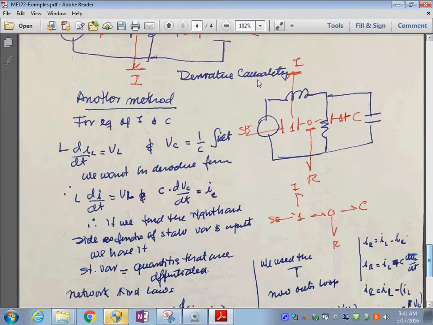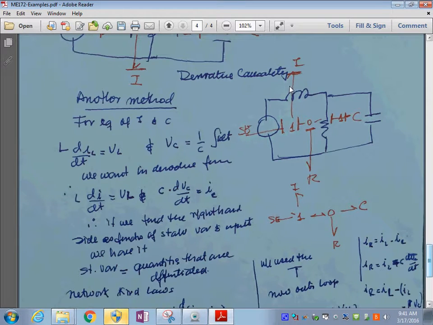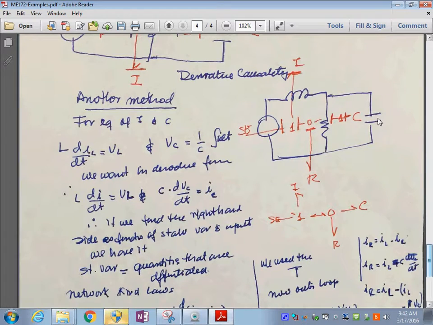But you see in here for this capacitor, that would be 1 over C the integral of I dt, right? The voltage for the inductor here would be L times dI_L/dt.